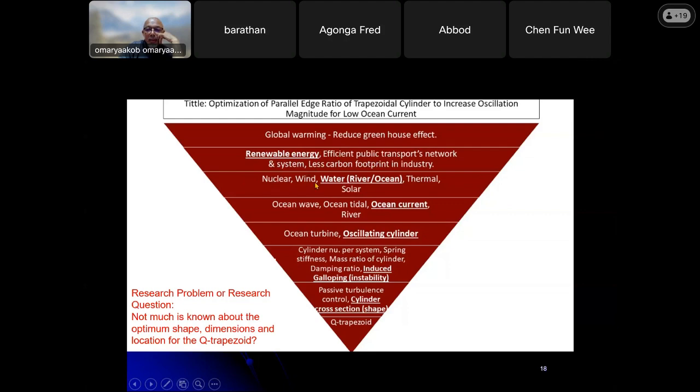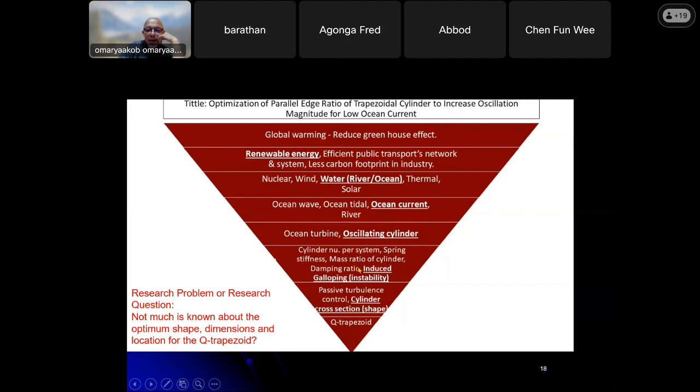In renewable energy, there are so many things. He's looking at water, river current. In the water, he's looking at ocean current. From ocean current, there are two ways people are developing: turbines and oscillating cylinders. So a lot of studies here, but he's going to contribute to this part, the oscillating cylinder. People are looking at various ways of improving the efficiency of the oscillating cylinder.